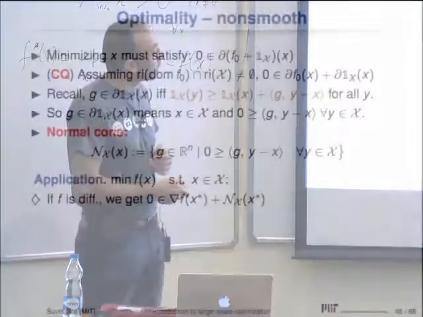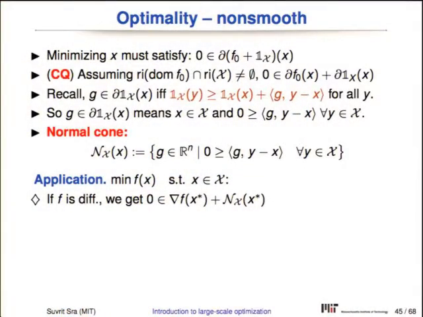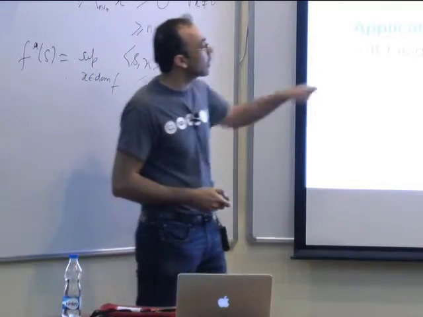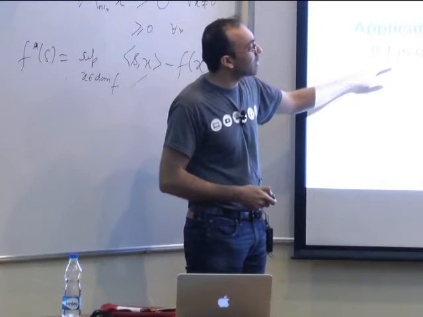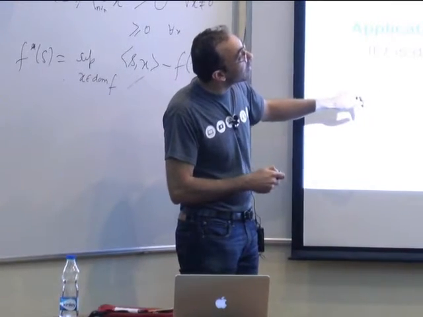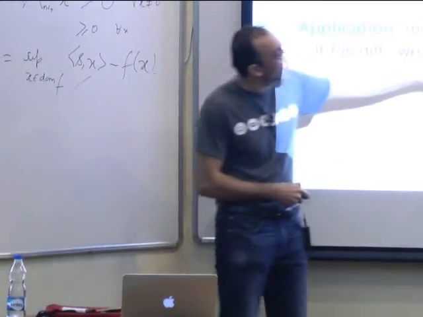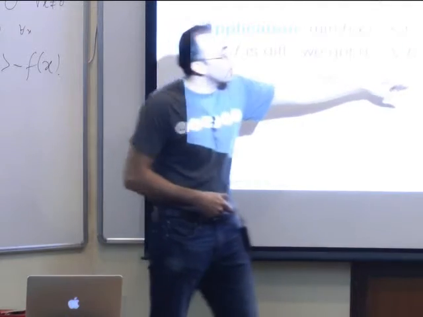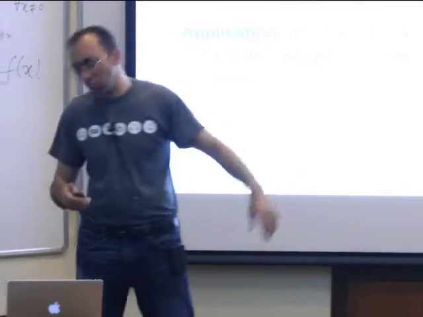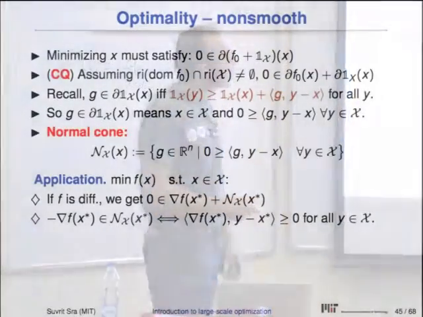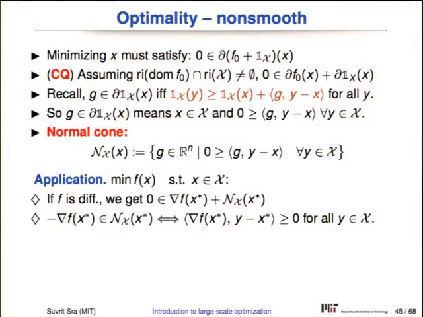Fine. With that jargon, let's look at an application, getting an optimality condition for differentiable convex functions. You want to minimize f of x. If f is differentiable, that means 0 should belong to the subdifferential of that, which is just the gradient, plus the subdifferential of the indicator function, which is called the normal cone. And you do plug and play.